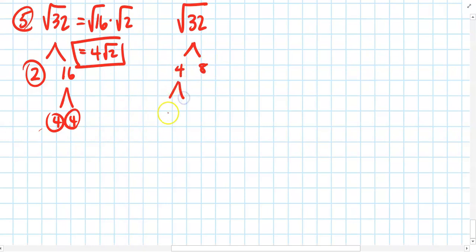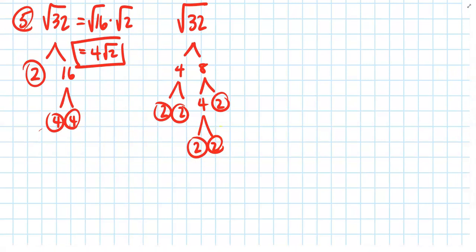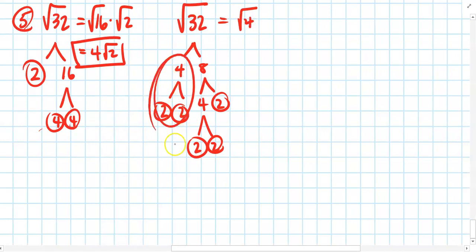But what if we had factored this into 4 and 8? Well, 4 can be split into 2 and 2. 8 can be split into 4 and 2. And this 4, again, can be split into 2 and 2 once more. Well, now you might notice that the square root of 32 should be written as the square root of 4, because of this factor branch, times the square root of 4, because of this factor branch, times the square root of 2, because this guy is the last fruit that's laying by itself.